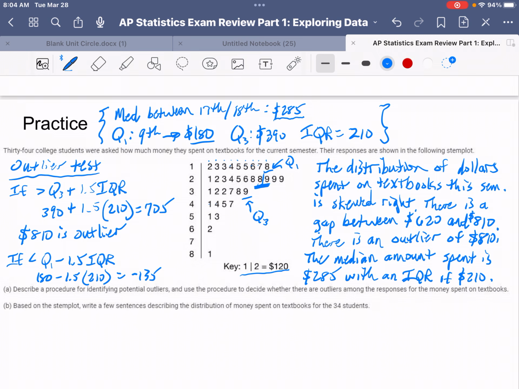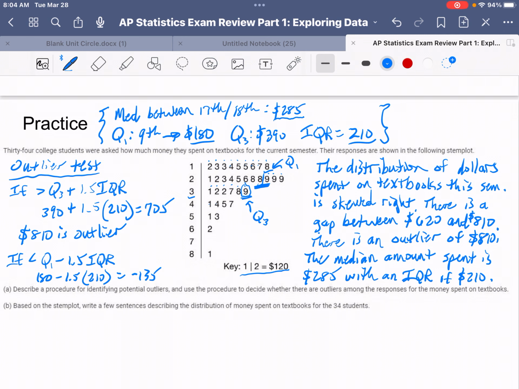So I counted 1, 2, 3, 4, 5, 6, 7, 8, 9. This is Q3, so Q3 is $390. And then I subtracted 390 minus 180 to get 210 as the interquartile range, Q3 minus Q1.